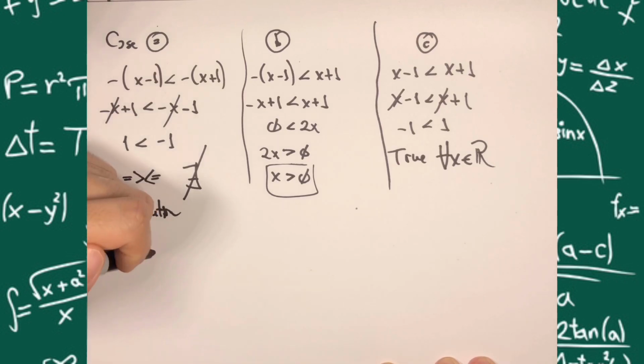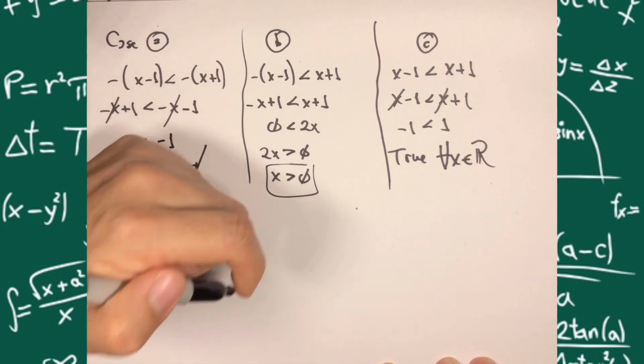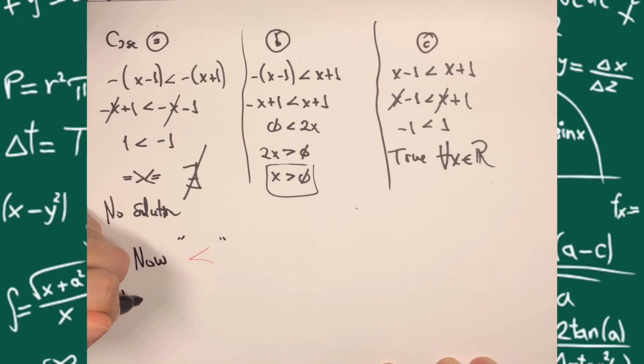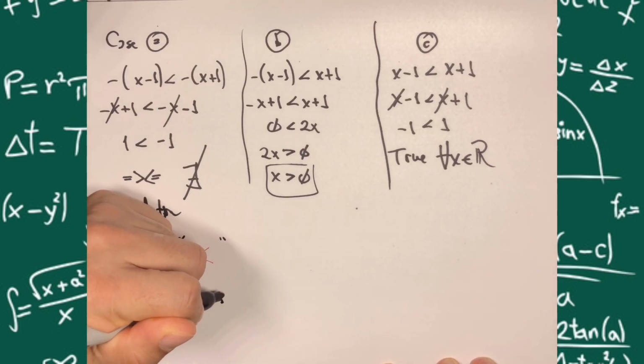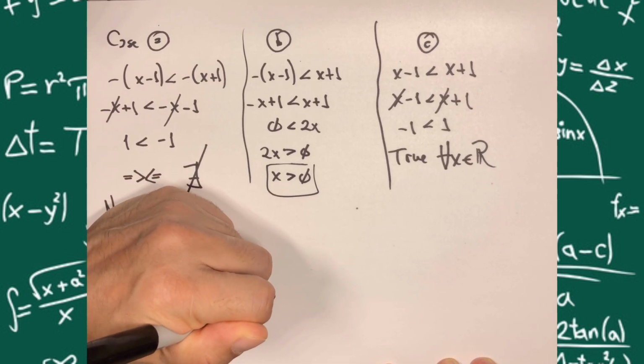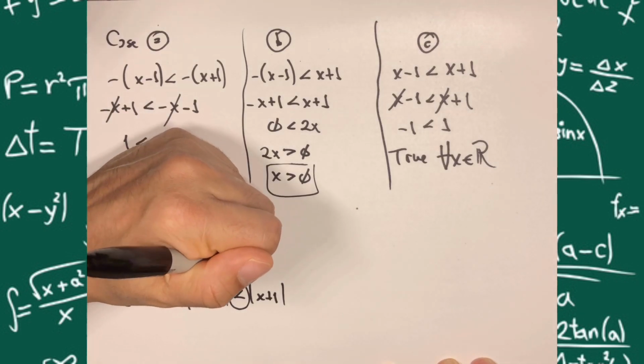So what do we have to do now? We have to intersect, because we had a less than operator. The solution is going to be the intersection of all 3 cases. The original exercise was absolute value of x minus 1 less than absolute value of x plus 1.